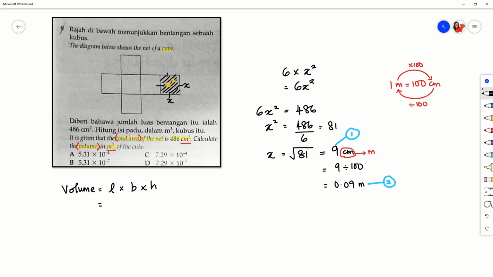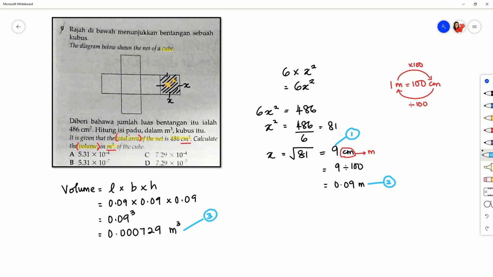So that means it's 0.09 times 0.09 times 0.09, or 0.09 cubed, which works as well. This will then give us a total of 0.000729 cubic meters. So this is our third job, to find the volume.